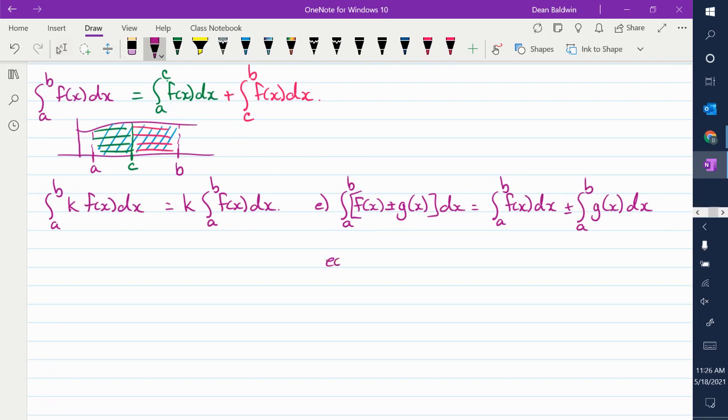So just to give you an example, that's what we did before. If I have the integral from 2 to 4 of x squared plus 2x, that's the same as area from 2 to 4 of x squared plus the area from 2 to 4 of 2x.